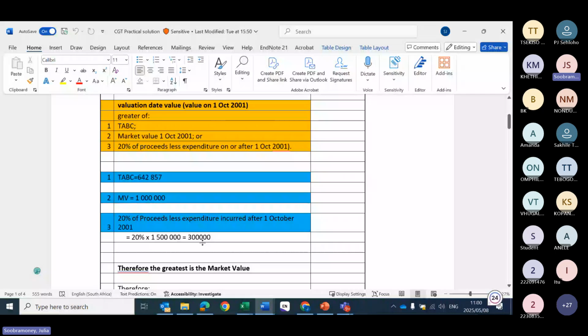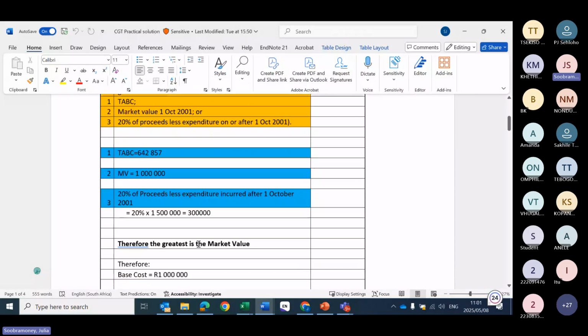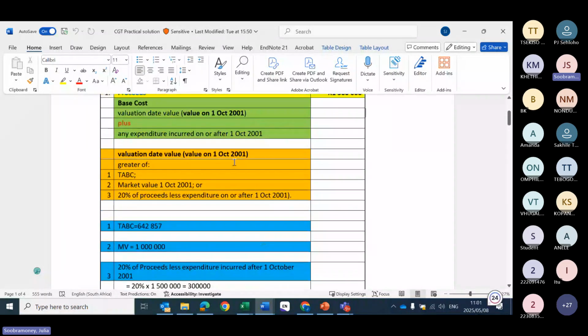So now what am I saying? I'm saying market value, therefore the greater one is market value. Students, also very important that you write this down properly. Valuation date value, greater of, because sometimes there's a mark for stating this whole calculation, okay? So it's important that you write it just like you see it here. Then you must tell me what is your greater one. Because why? What happens if maybe you make a mistake?